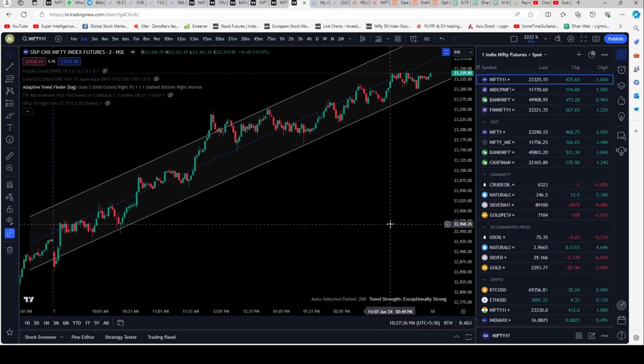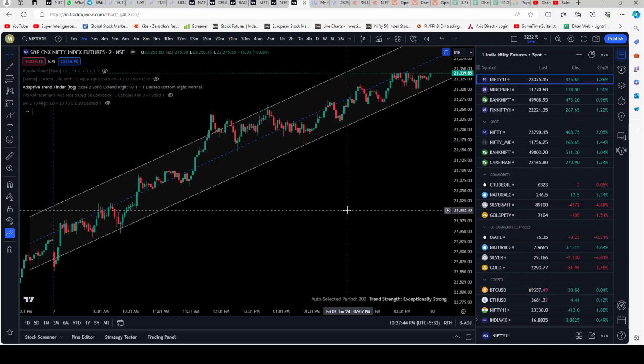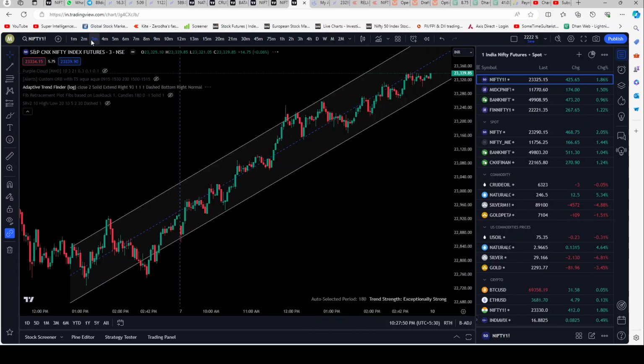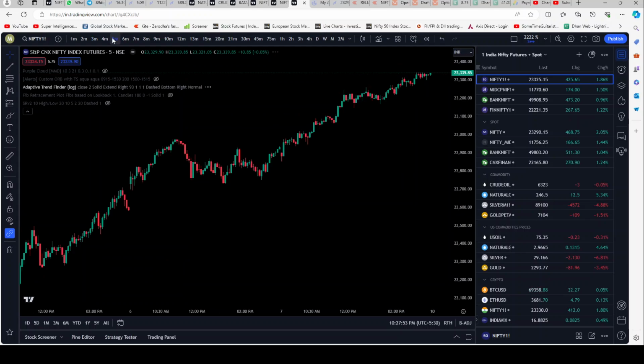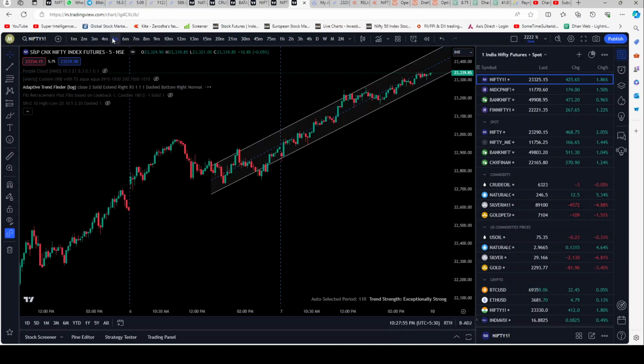All right. In any case, let's just look at the Nifty 50 chart. We're looking at 2 minutes. This is a 2-minute time frame. We're looking at Nifty 50 futures. On 2 minutes, we can confidently say that there's an uptrend. On 3 minutes, it's an uptrend. When we move to 5 minutes, it's an uptrend.